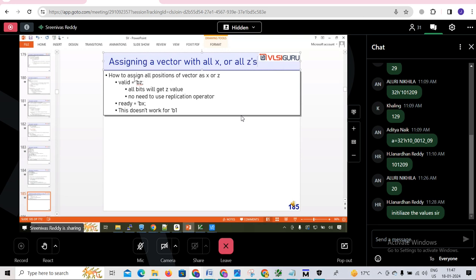I have a vector valid. I want to assign all the positions of vector as x. I can just write tick bx. So all bits of D are considered as x.